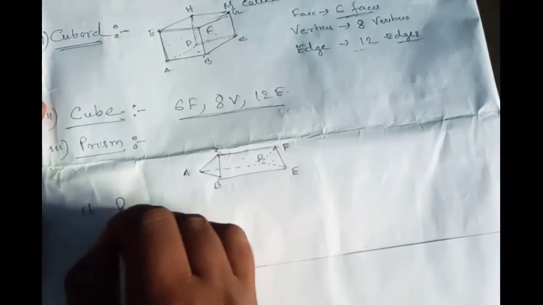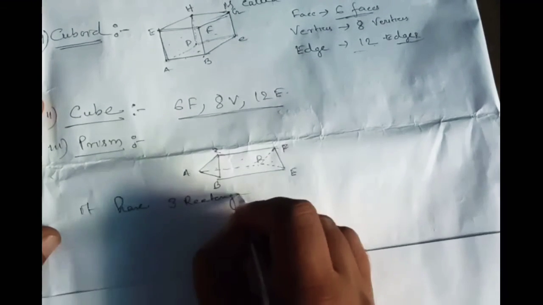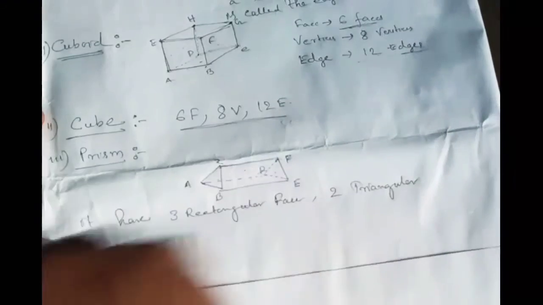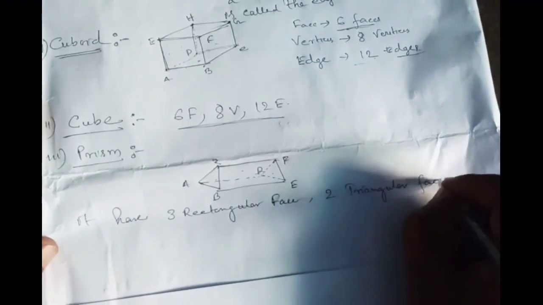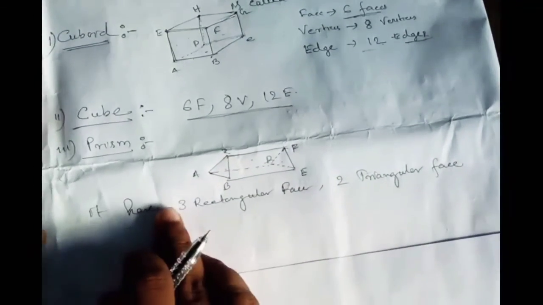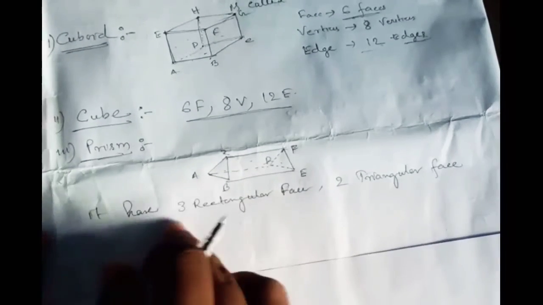So it has 3 rectangular faces and 2 triangular faces. 3 rectangular faces, 2 triangular faces. Okay, this is for prism obviously, and face was done.